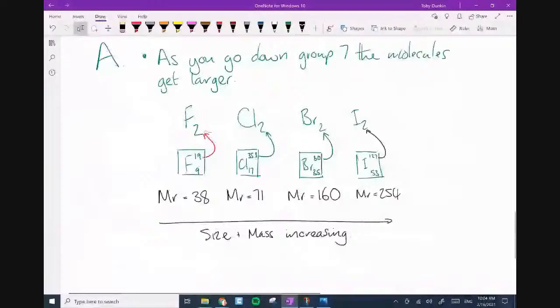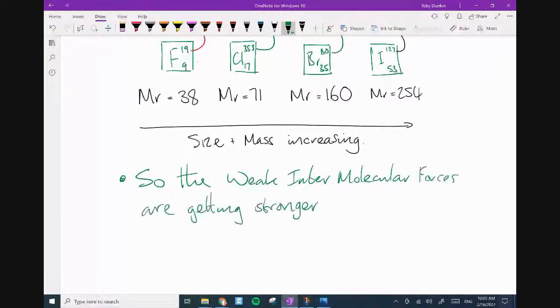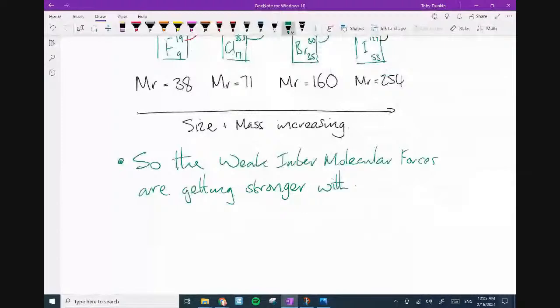So the size and the mass is increasing. So second bullet point in the exam. So the weak intermolecular forces are getting stronger with increased size of molecule.